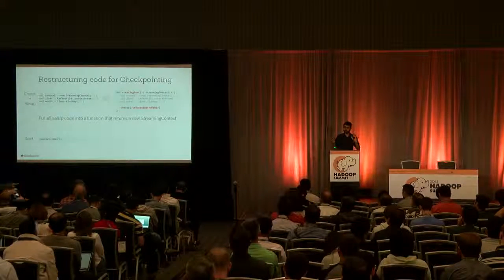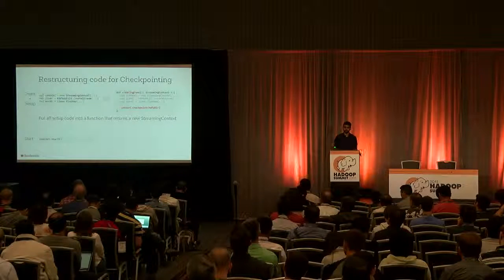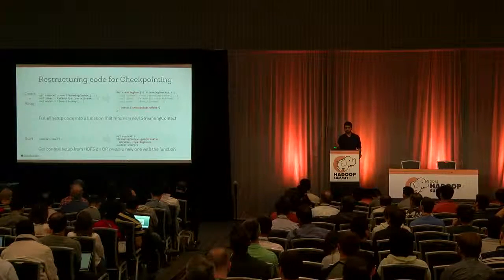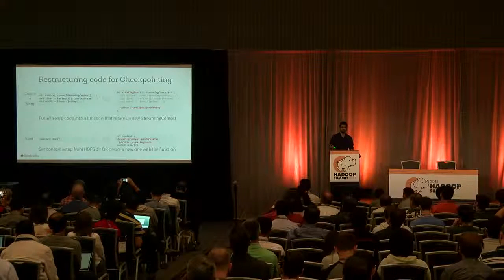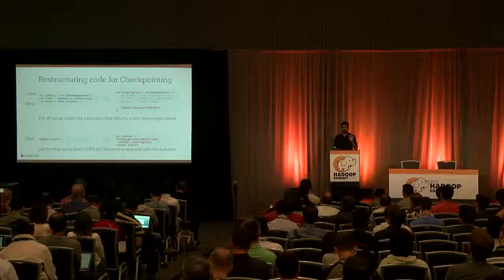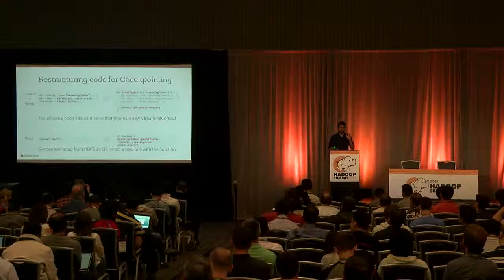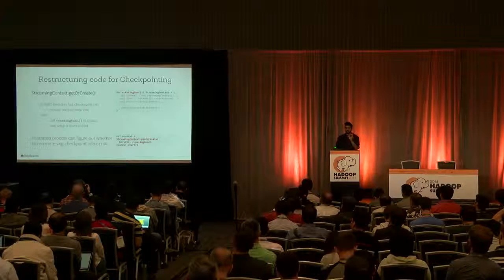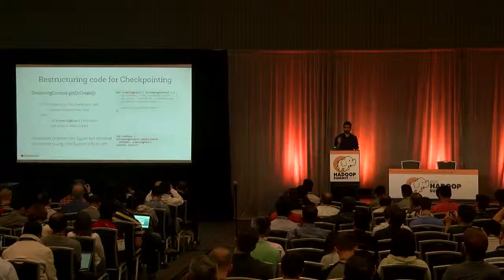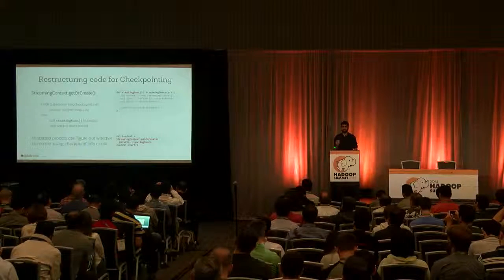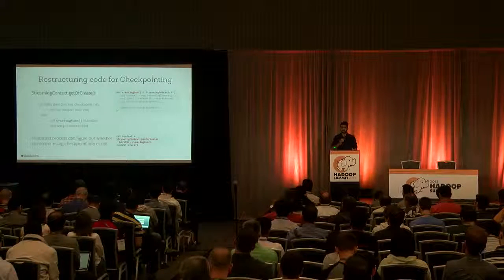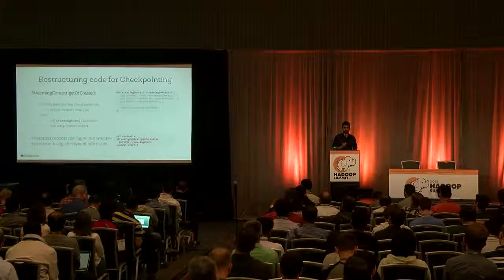Now, once you have put this into a function, to use it, you take the context start and rather use this thing called StreamingContext.getOrCreate. It has this very nice semantics: if the HDFS directory has the checkpoint information, it will recover the context from the checkpoint information and continue processing where it had left off.